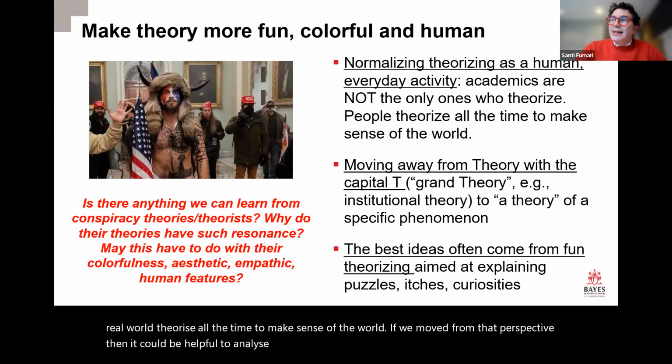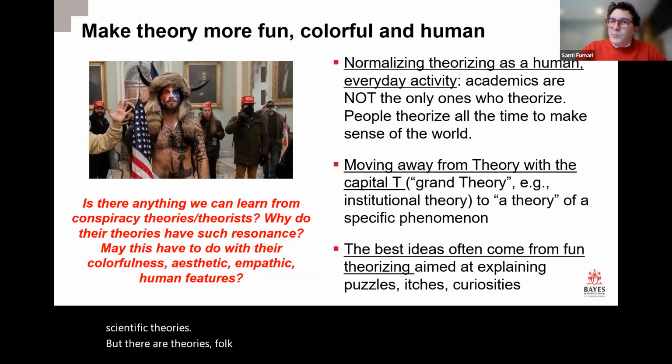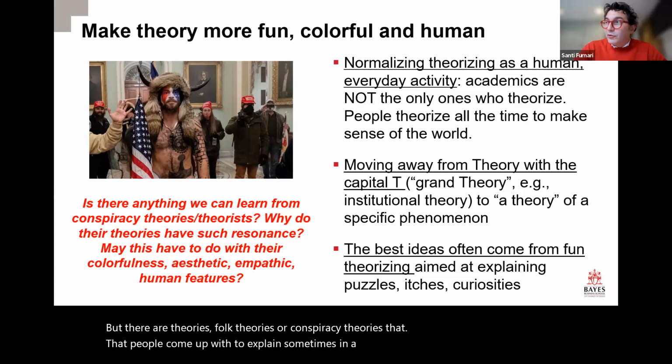They are not necessarily academic theories or scientific theories, but they are theories, folk theories, or conspiracy theories that people come up with to explain, sometimes in a way that is indeed folkloristic and curious, real world phenomena.